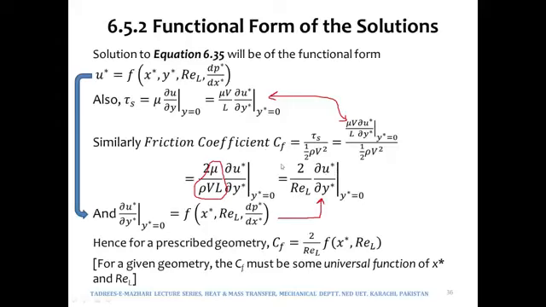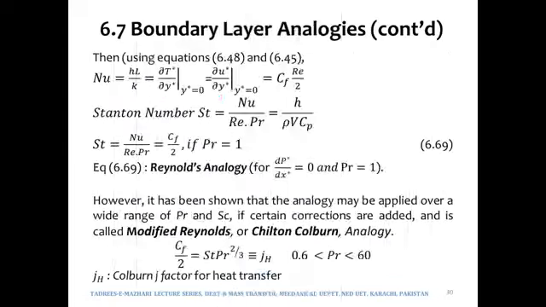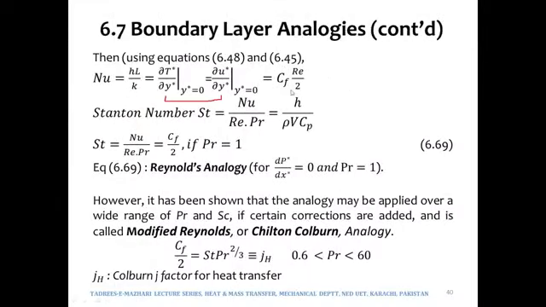So this thing is equal to Cf. So Cf will be multiplied with the Reynolds number, and then 2 will go into the denominator of the left hand side. So coming back, this is what we can write over here.